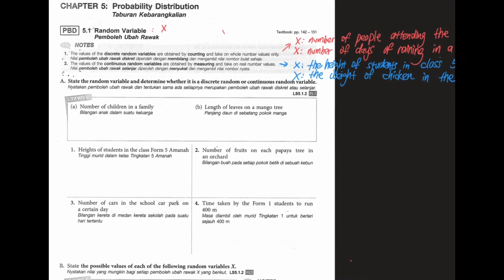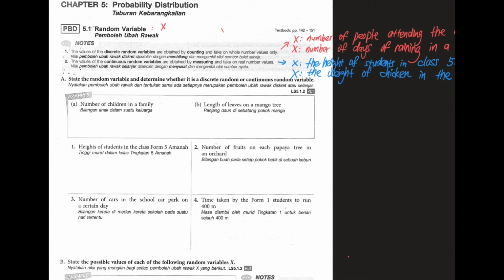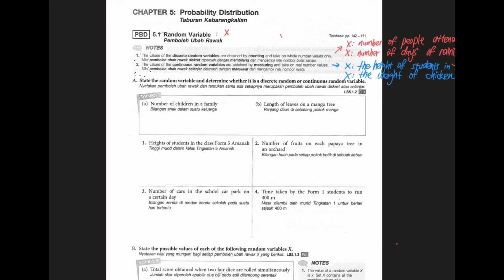Okay, now let's see part A. State the random variable and determine whether it is a discrete random or continuous random variable. Number of children in a family. So you want to know the number of children, you just go and count, okay, 1, 2, 3, like that, so you have to count. So that is discrete random variable.